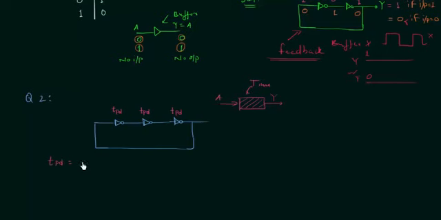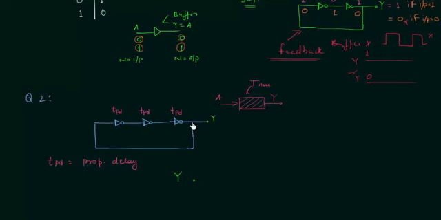T_PD is equal to the propagation delay of each NOT gate, and we have to analyze this circuit, so let's do it. The output is Y, and let's say Y is equal to 0 initially.